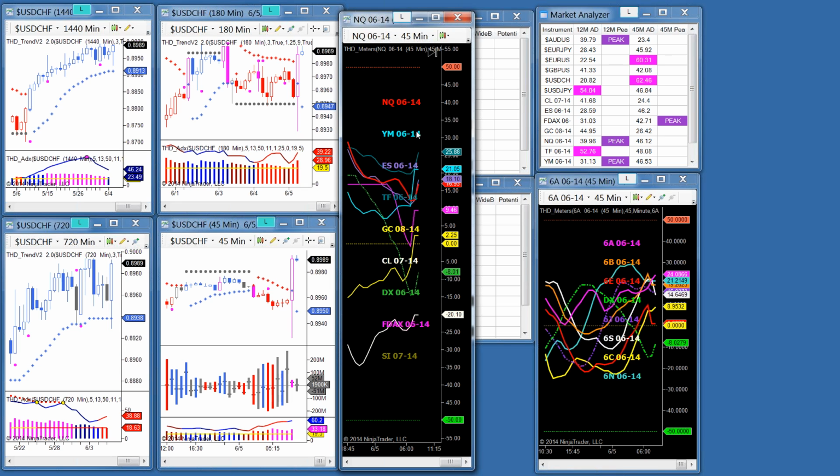We all know that typically the indices move together, but every once in a while you'll get the Dow moving in one direction. That tells me I probably don't want to trade the Dow. The NASDAQ may move in the opposite direction. Don't trade the NASDAQ when that happens. That is not typical behavior.